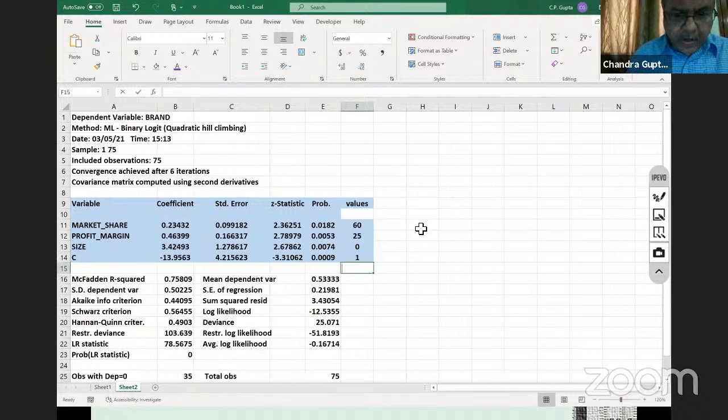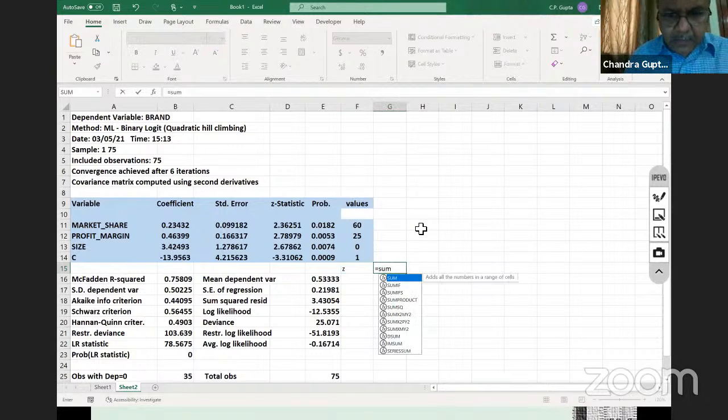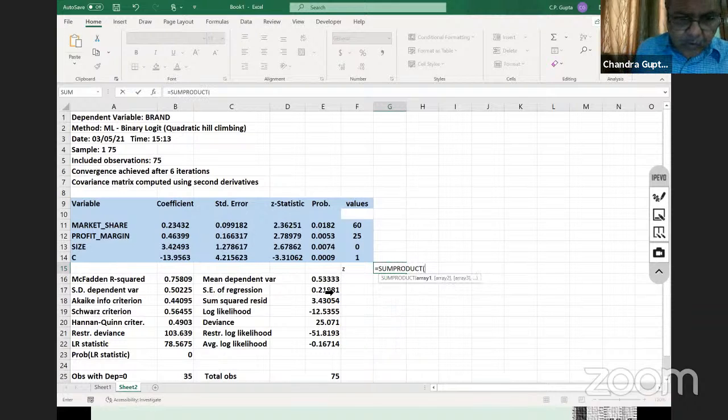My Z will be equal to the sum product of these values and these values.